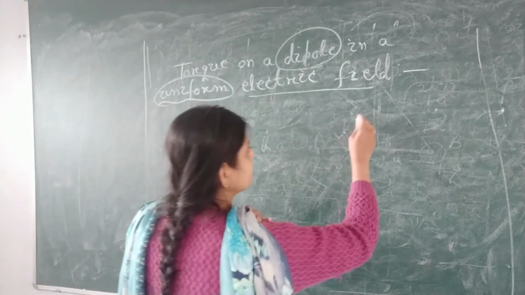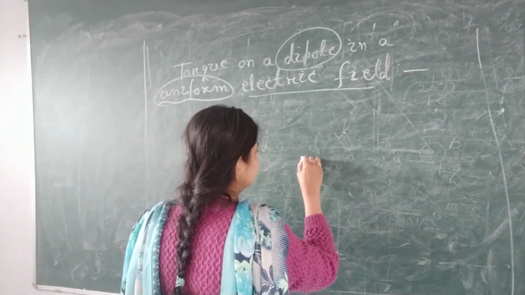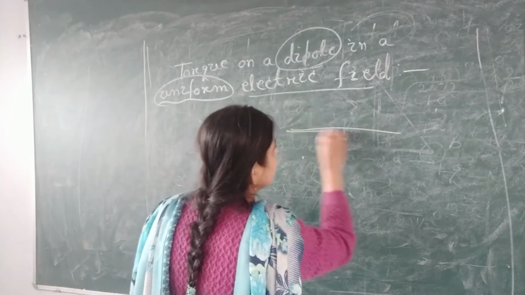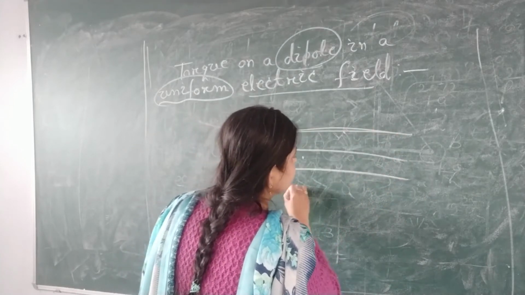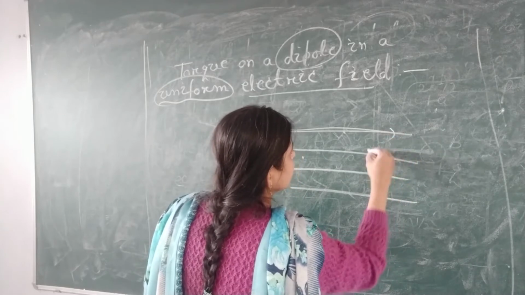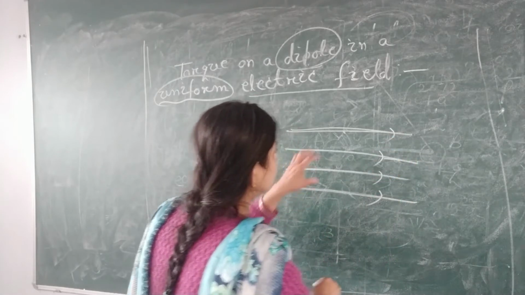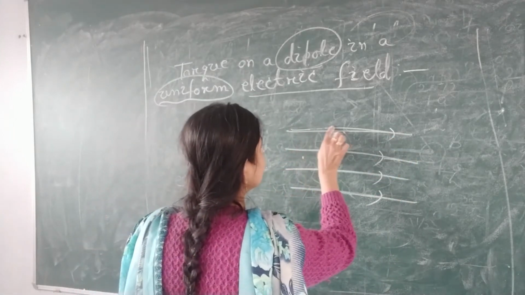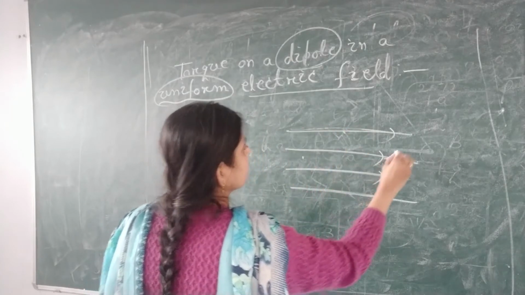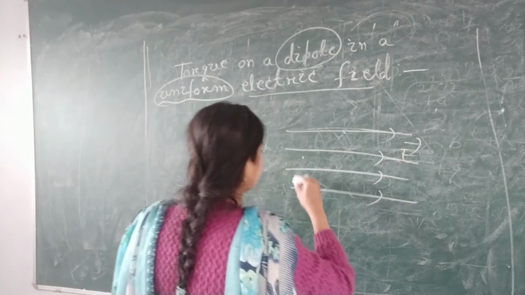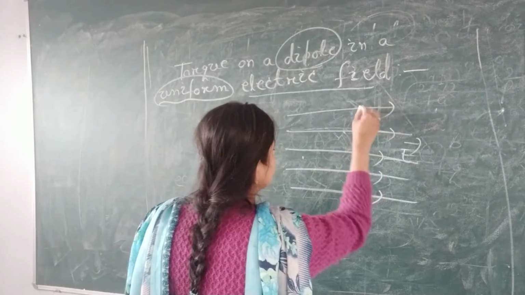So first of all, we will draw the diagram. Uniform electric field. We know generally this is the symbol for a uniform electric field, and the dipole.